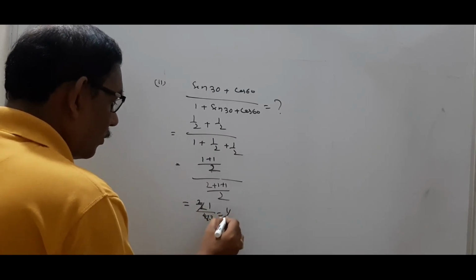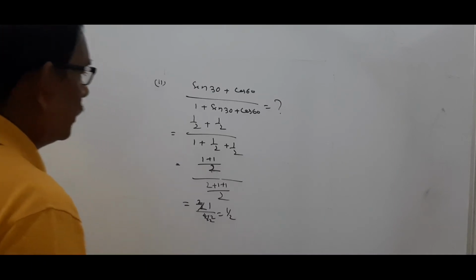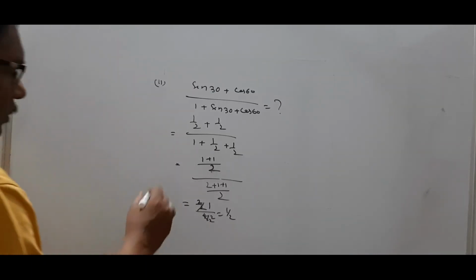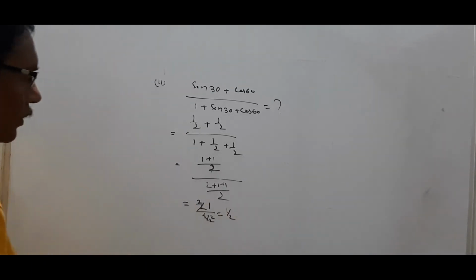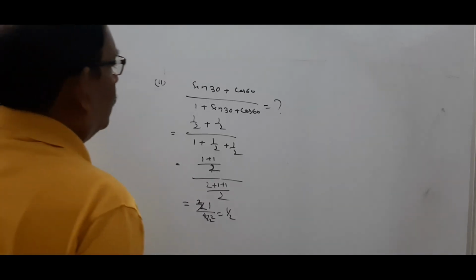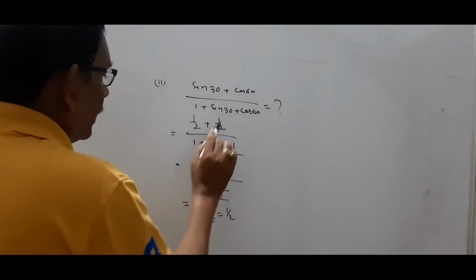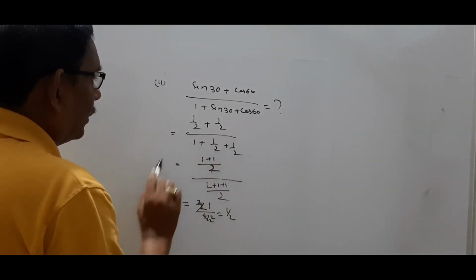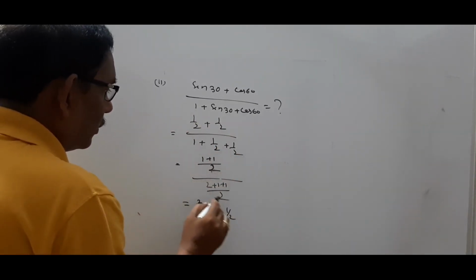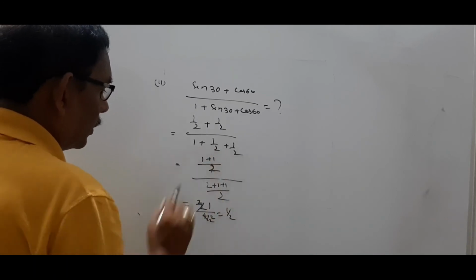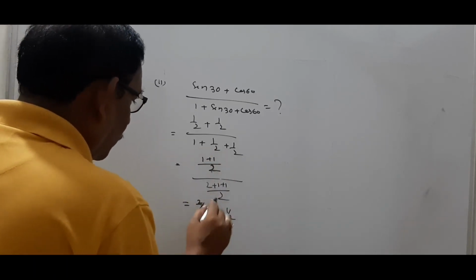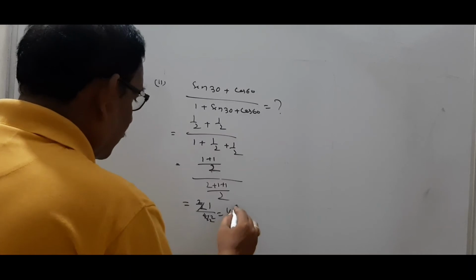So the value of this question is 1. Sin 30 is half, cos 60 is also half. Okay.